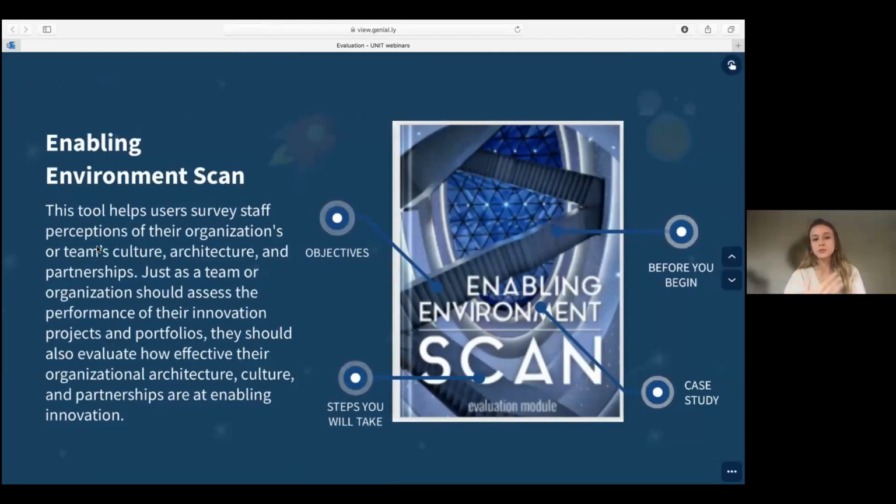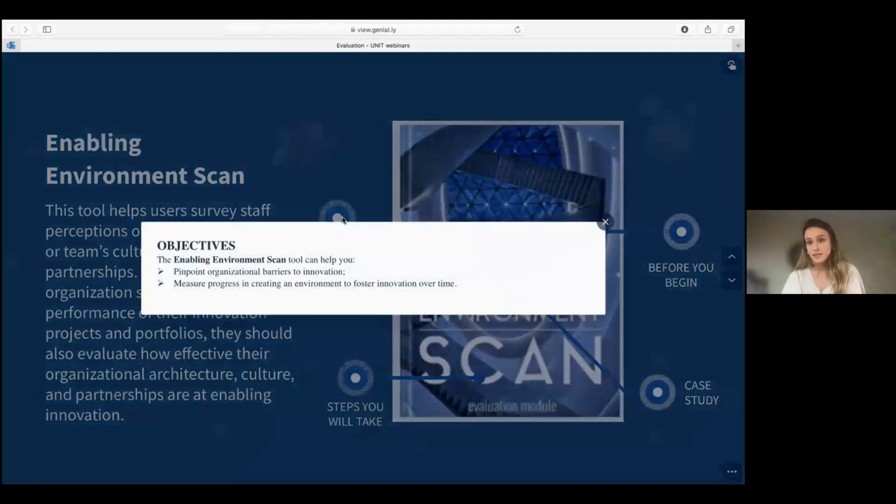This is done through surveys, and this tool ultimately supports you to evaluate how effective is your organizational architecture, culture, and partnerships in enabling innovation, or if you're facing organizational barriers or organizational constraints. Therefore, this tool has these 2 objectives. The first one is to pinpoint organizational barriers to innovation, and then to also measure progress in creating an environment to foster innovation over time.